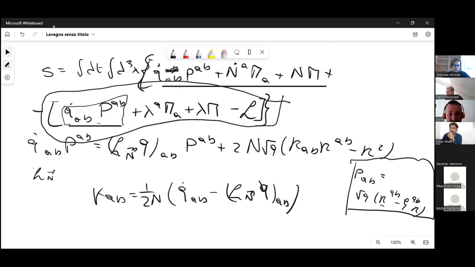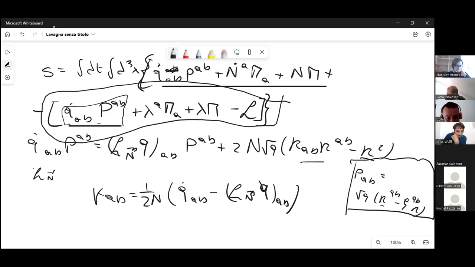I just want to show that this procedure here is what we do. I was trying to say that we want to replace this Q AB P AB in terms of this, and also I'm going to write some other formulas of K, this term here and this term here, just in terms of P. Okay.